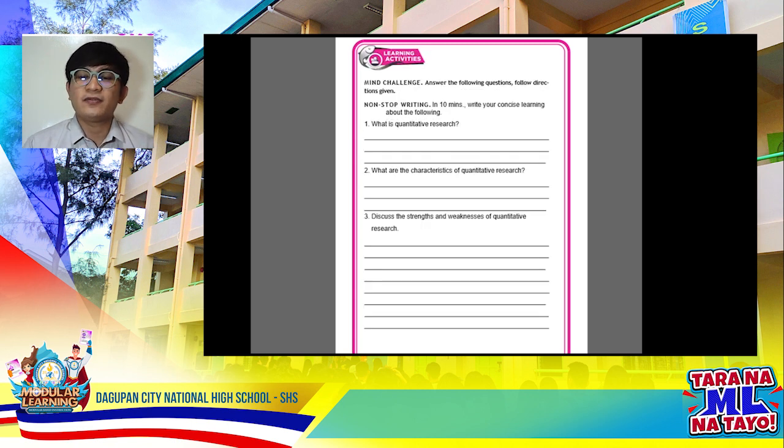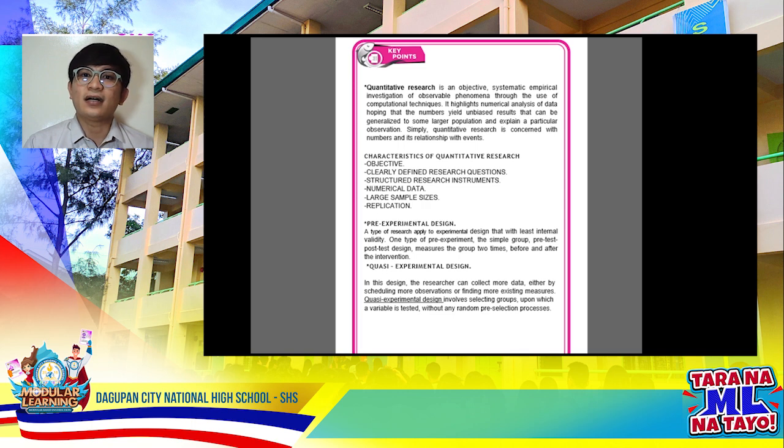Now, your descriptive form has seven subtypes. Some of those are correlational. So just browse it again, so that you will be familiar with those designs that could be applicable on the research output that you will be submitting in this class.